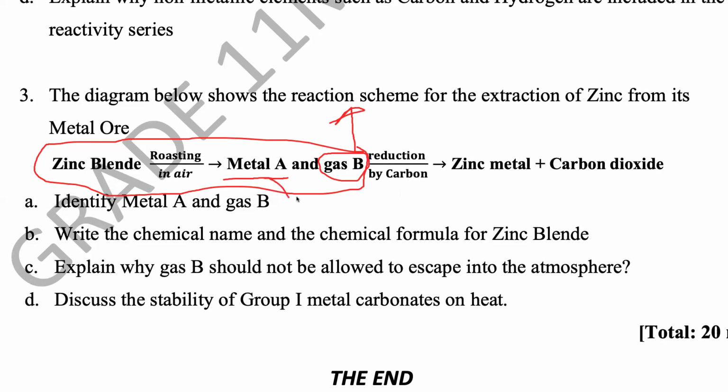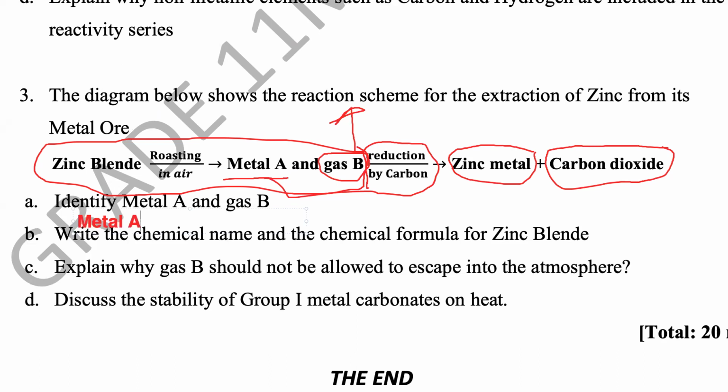So someone was asking, sir, how possible is that the gas reacted? No, when the gas was formed, it was isolated. That which remained is the one that underwent the reduction by carbon to actually form a zinc metal and another gas. Now, this gas is different from the gas they asked. So the question says, identify the metal A and gas B. Metal A, I put zinc oxide.